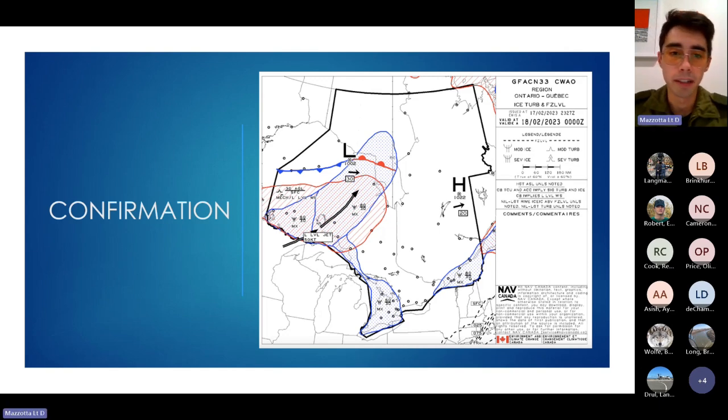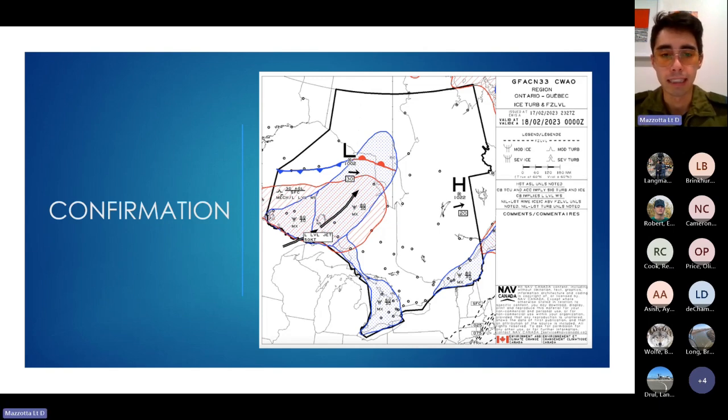Yeah, so it's moving at 50 knots, and in what direction is it moving? Good.